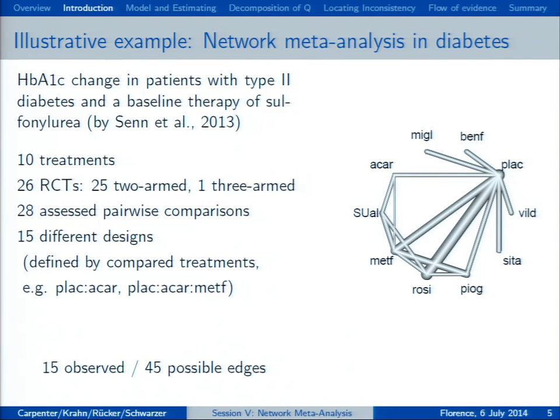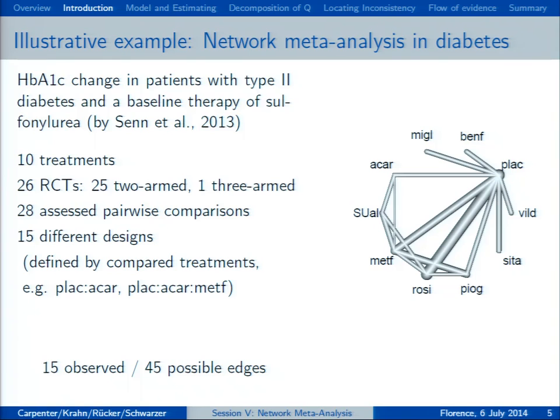The corresponding evidence network to this network meta-analysis is shown on the right side. The 10 treatments are arranged circularly, and treatments that are compared in at least one study are connected by a line. The thickness of the line is proportional to the amount of evidence for this corresponding treatment comparison.